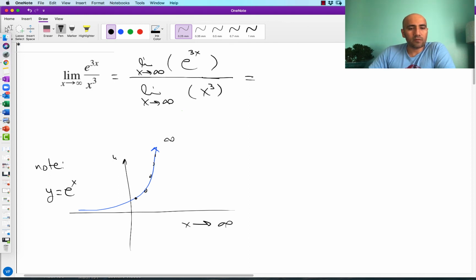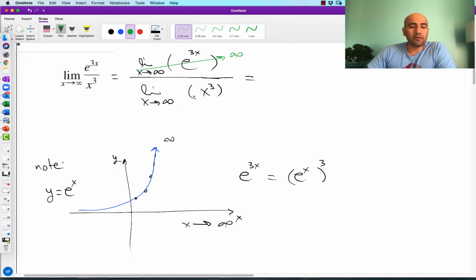This is y, this is x. Also note that e to the power of 3x is equivalent to e to the x cubed. So if e to the x is growing toward infinity, then cubing it is just going to get there even faster, right? So for all those reasons, I know that this limit is going to grow toward positive infinity.